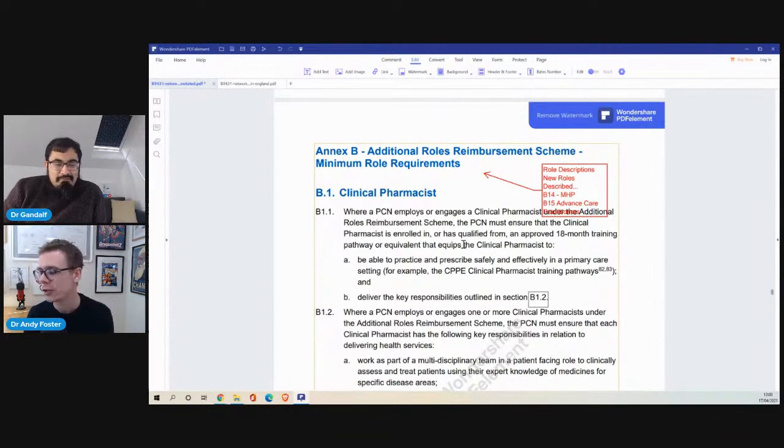A good quarter of the document is taken up by Annex B, which describes the minimum role specifications. It's really helpful when you're designing your recruitment process and working out how to use the roles, to refer to the definitions there. And they are there for the new roles as well, like the mental health prescribers and so forth. So have a good look at that section.